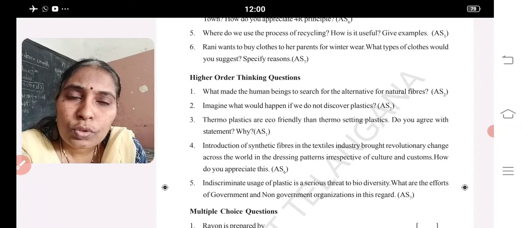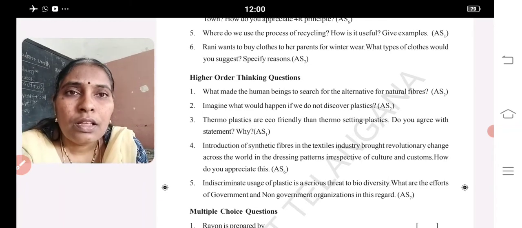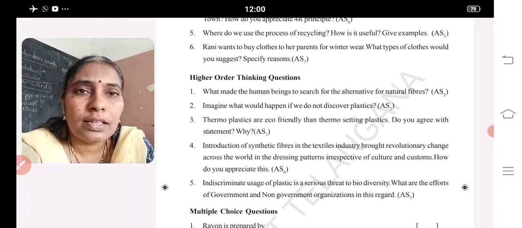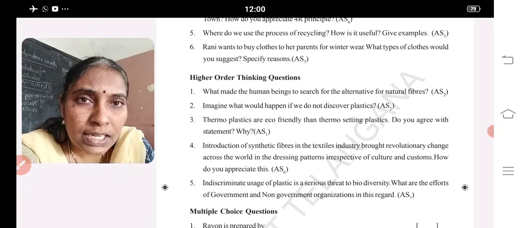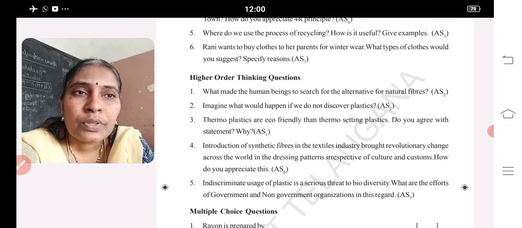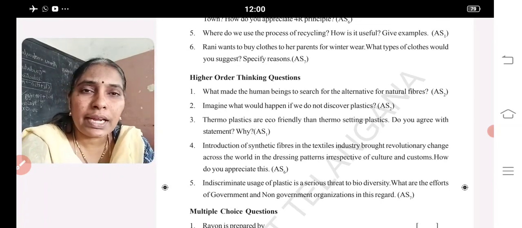So you have to go through the lesson. Whatever topics I am explaining, learn that concept, and related to that concept I am going to ask. Thermoplastic, thermosetting plastic, 4R principle, universal recycling code, synthetic fibers, natural fibers, blending. All these are important from the third lesson, that is synthetic fiber and plastic.